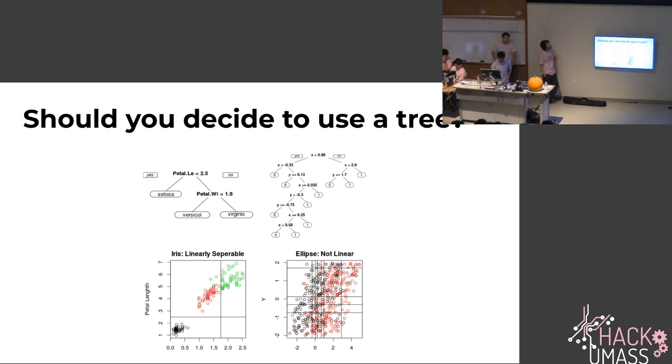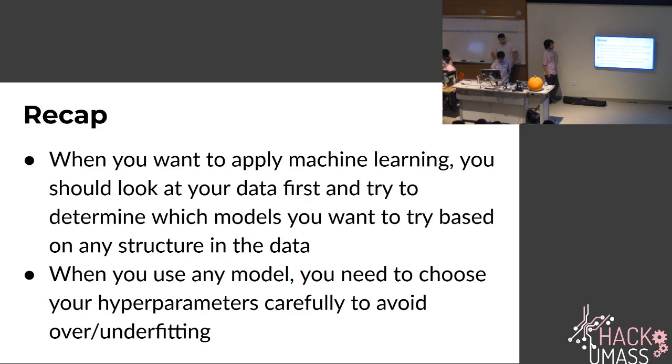Okay, cool. All right, so the next slide here is just a recap. And it's really the two main takeaways. If you didn't learn anything else from the last hour, and you ignored everything I said, you should just read this slide and you still will be fine. Because when you want to apply machine learning, please look at your data first and try to make some sense of it.